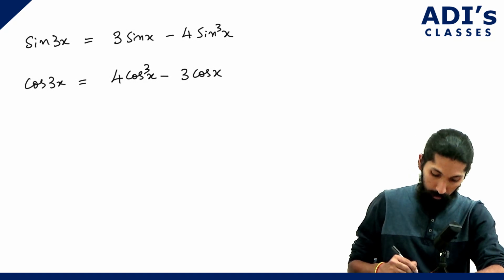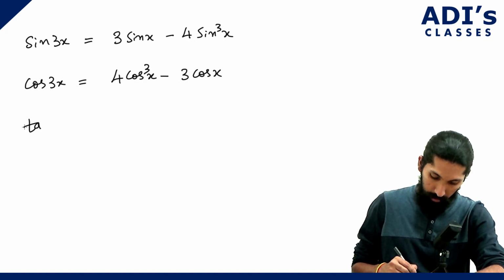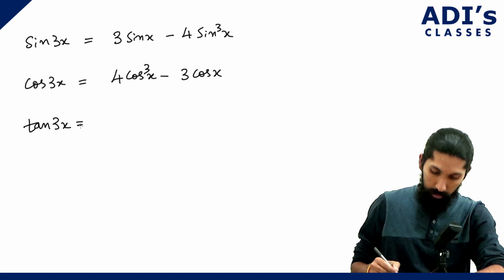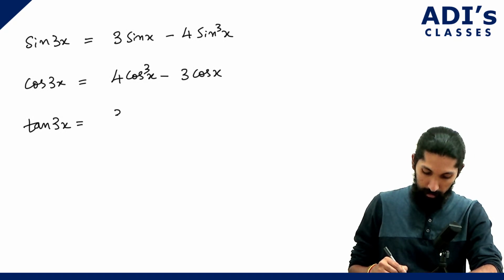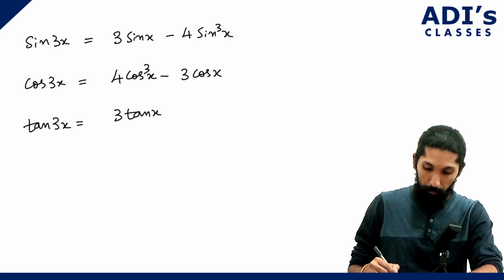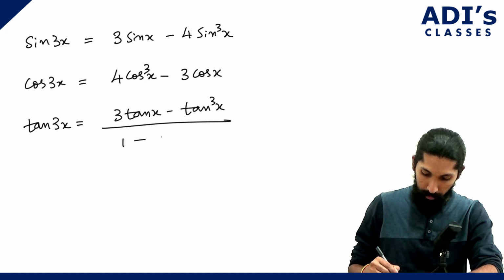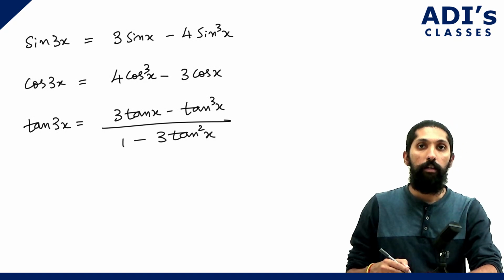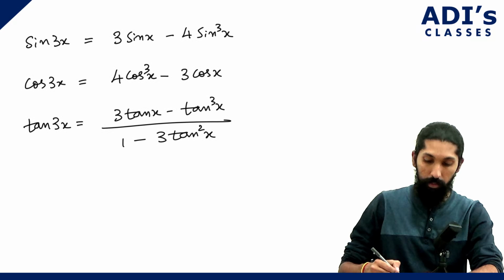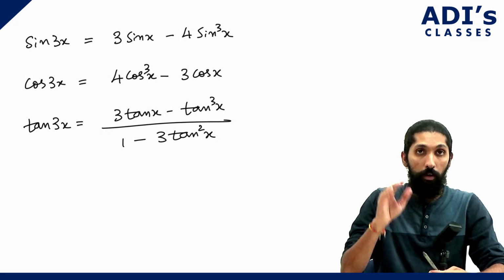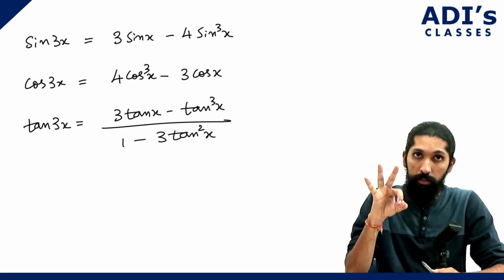The third one is tan 3x. This is nothing but 3 tan x minus tan cube x divided by 1 minus 3 tan square x. So these are the three formulas we have for 2x and for 3x.